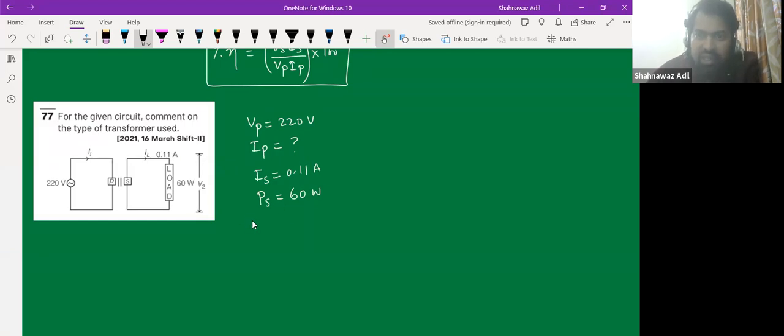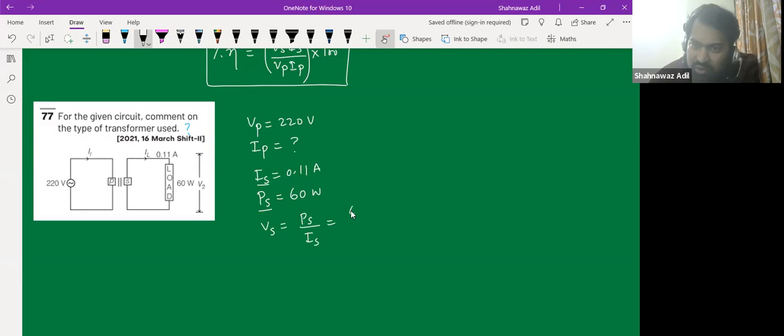They are asking what kind of transformer it is. From these two things, we can calculate Vs. Vs would be Ps by Is.